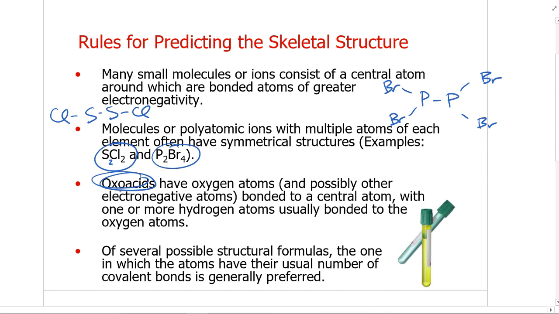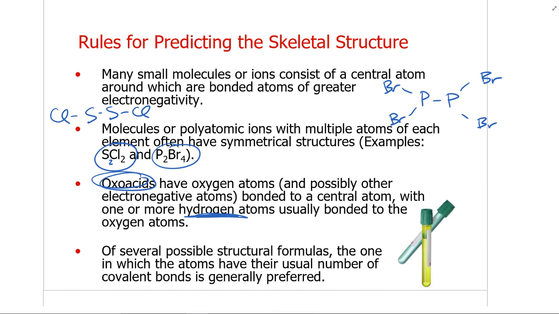Next refers to oxoacids, or your text calls them oxyacids. What these consist of is that we have an atom of low electronegativity surrounded by oxygen, and then outside of the oxygen we have one or more hydrogen atoms. So in the oxyacids or oxoacids here, the hydrogen is directly bonded to the oxygen, not to the central atom.